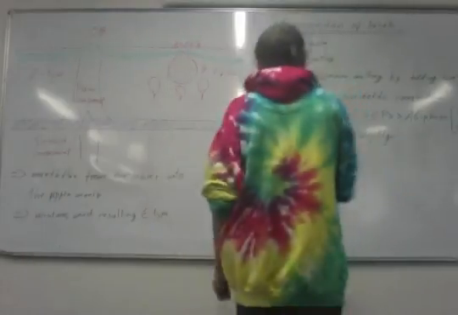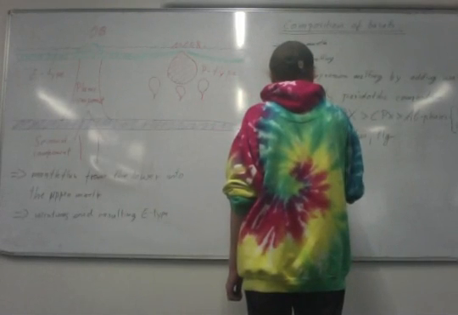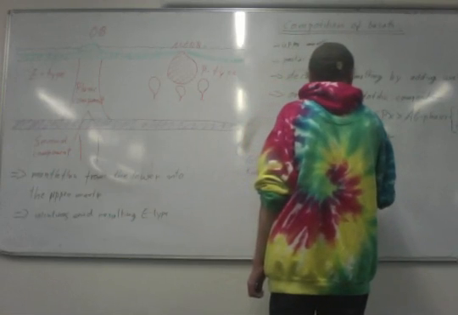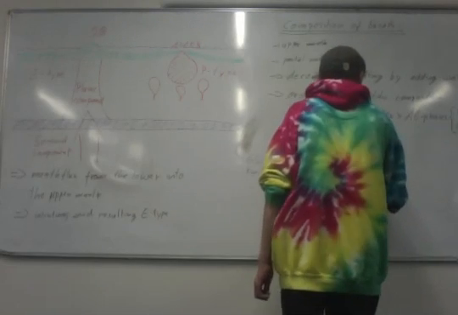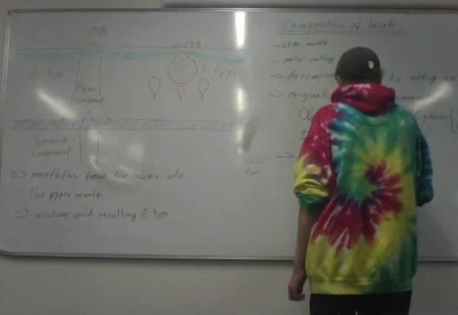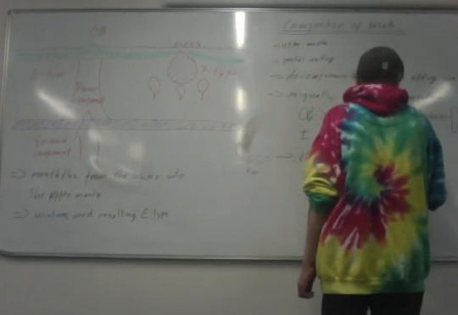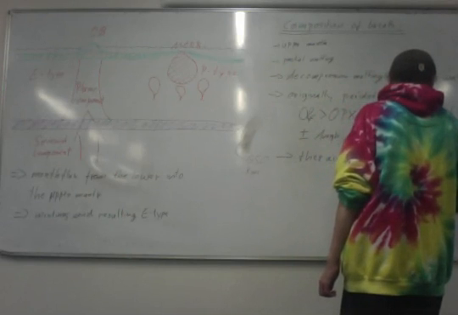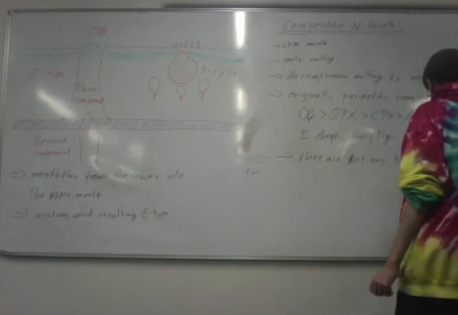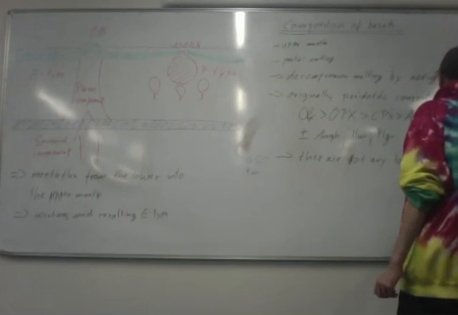So if you are checking the upper mantle again, in the upper mantle there are not any large melt sheets.